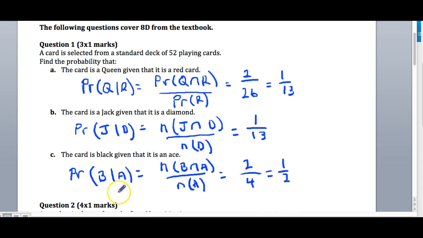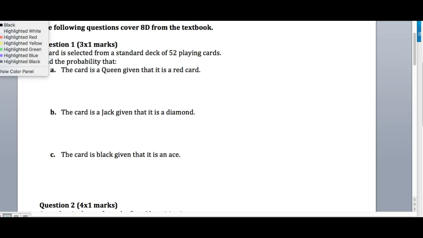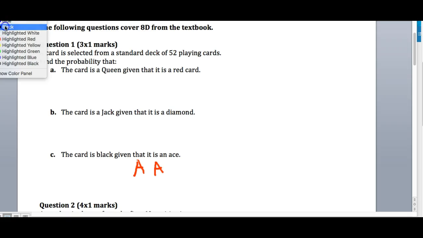Now the second one is probably the easiest one to explain, conditional probability. So let's just have a look at doing this. So we have 2 red aces, the heart and the diamond, and then we have 2 black aces. Okay, so altogether we've got 4 aces.